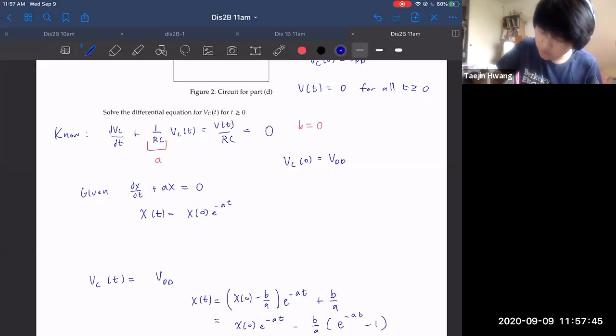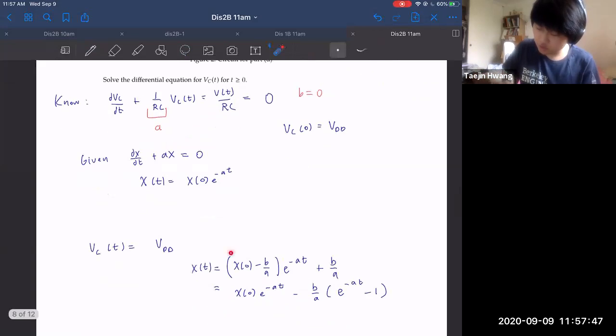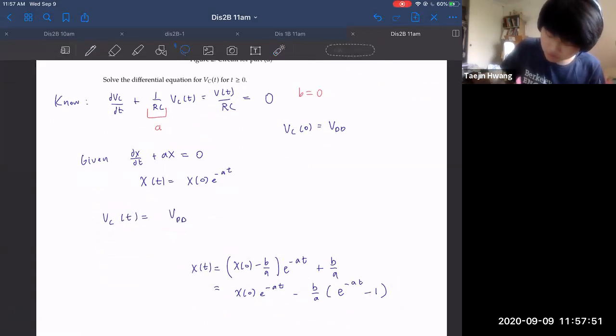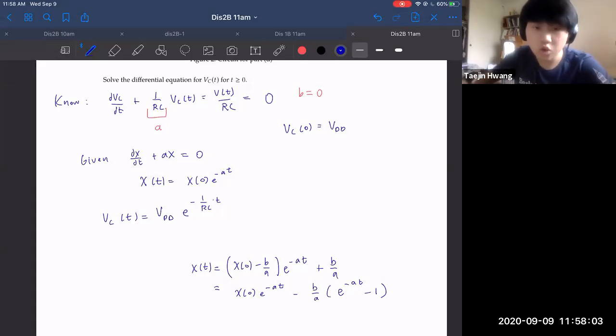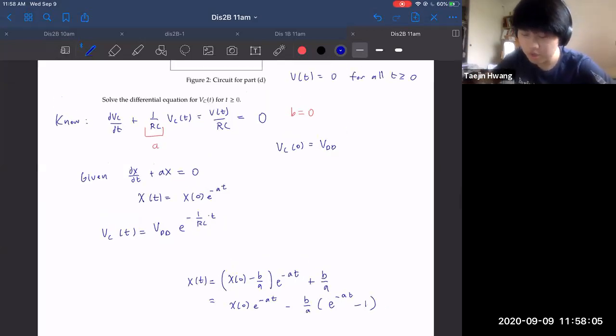But if you were to plug it all into this formula over here, you'd have gotten the same result. And with all this in mind, since you know A is 1 over RC, you can just plug in for A and you'll get VDD e to the minus 1 over RC times t. So any questions about the first part?